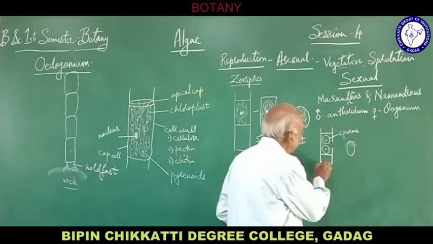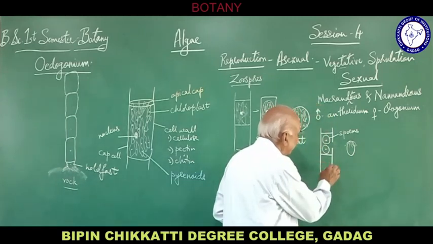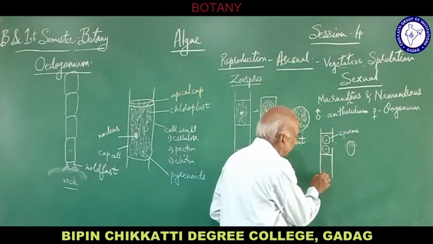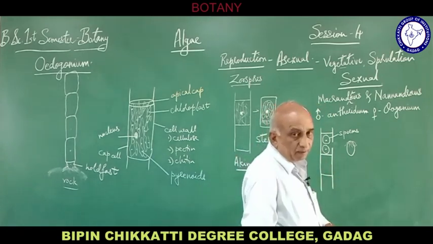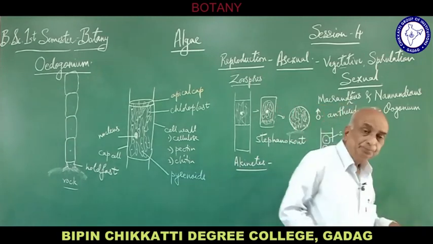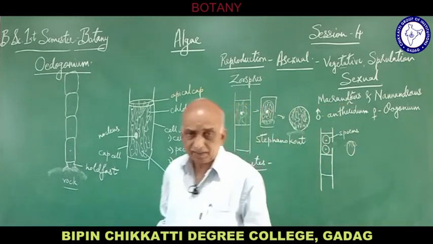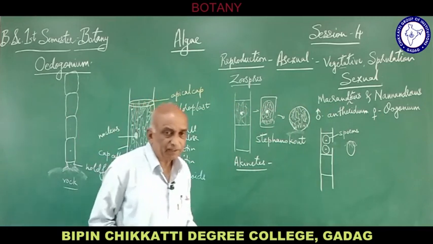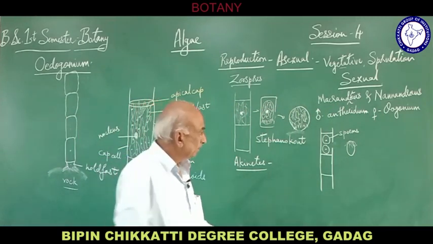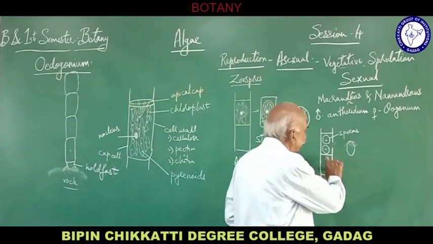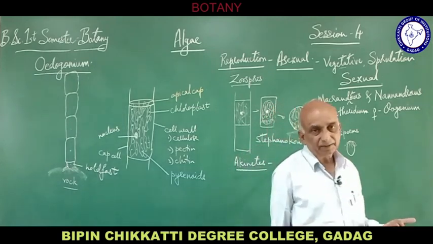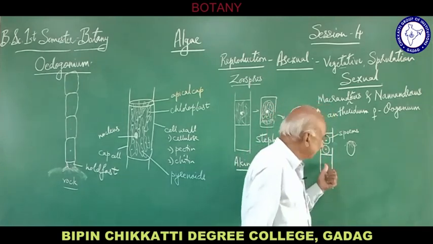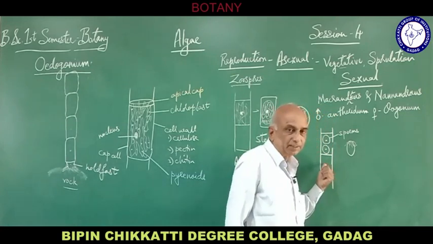Now if the filament is monoecious, the oogonium is present on the same filament. But when the filament is dioecious, so the oogonium is present on the different filament. Suppose here, if this is the oogonium, if we take into consideration as the monoecious filament, so a single cell will produce the oogonium which functions.